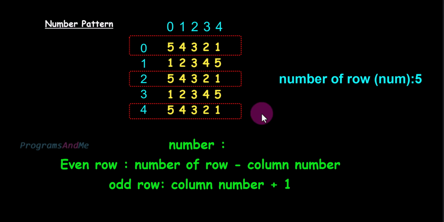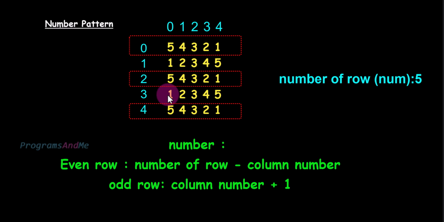While printing the pattern, we need to check whether we are printing the numbers in an odd row or an even row. If we are printing in the even row, then we need to use the formula num minus column number, where num is the number of rows of the pattern. If we are printing in the odd row, then we need to use column plus 1 as the formula, right? Column number plus 1.